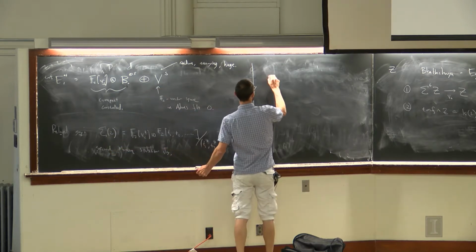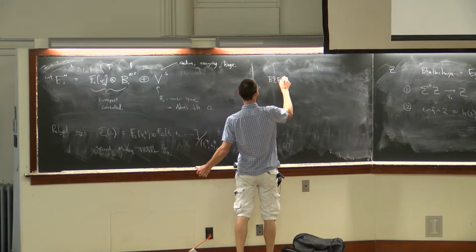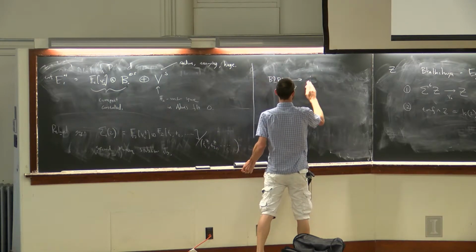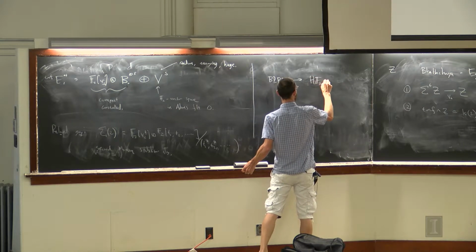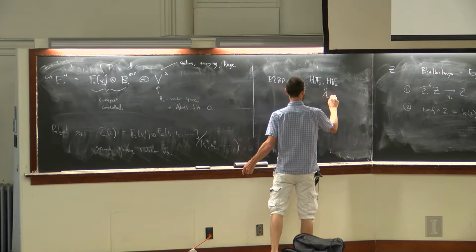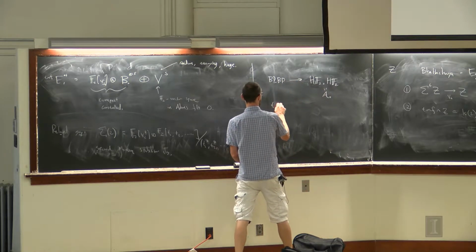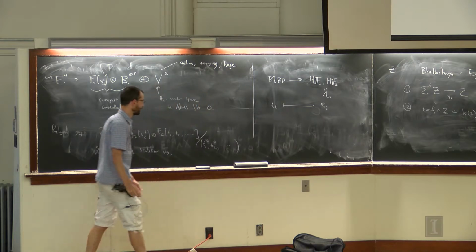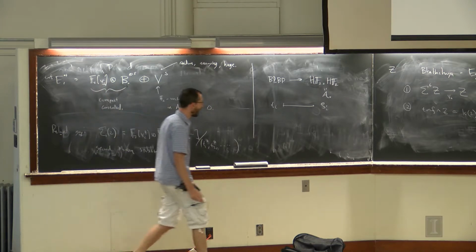And the map from BP star BP to HF2 star HF2, which is otherwise known as the dual Steenrod algebra, sends the TIs to the zeta i's. Zeta i squared, thank you.